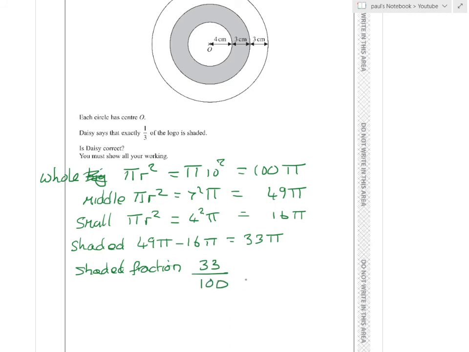A third would be 99, and 1/3 is exactly 33 out of 100. 1/3 would be 33 out of 99. So Daisy is wrong.